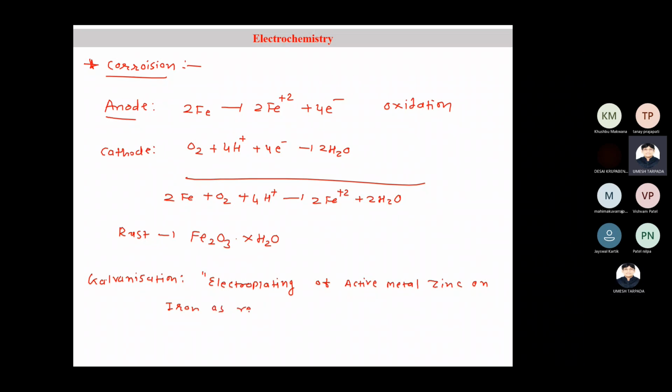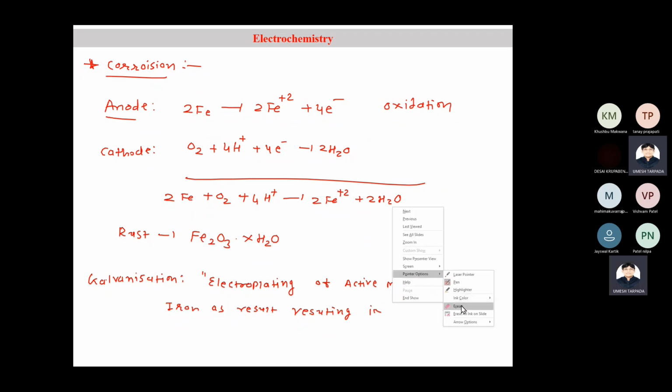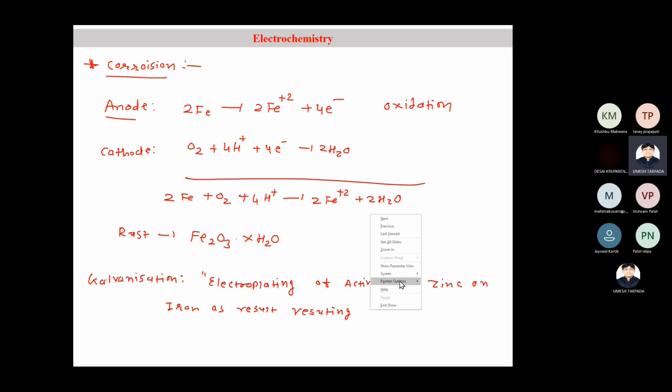As a result, rusting or corrosion of iron is prevented. So this is called galvanization, one of the very important techniques to prevent corrosion.